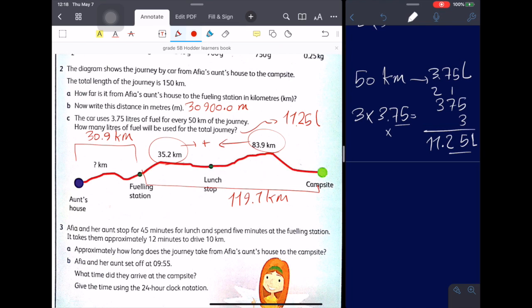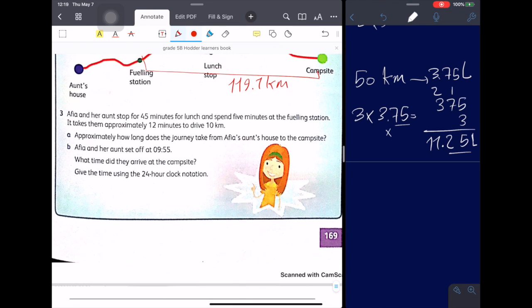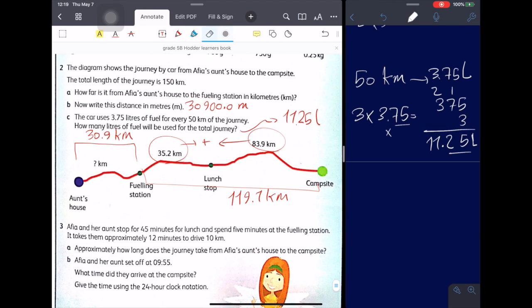Question number 3. Afia and her aunt stopped for 45 minutes for lunch and spent 5 minutes at the fueling station. It takes them approximately 12 minutes to drive 10 kilometers. So let's add the notes that we have here.